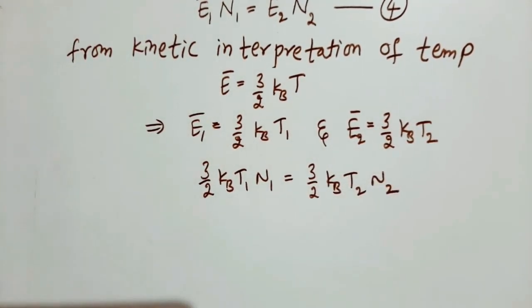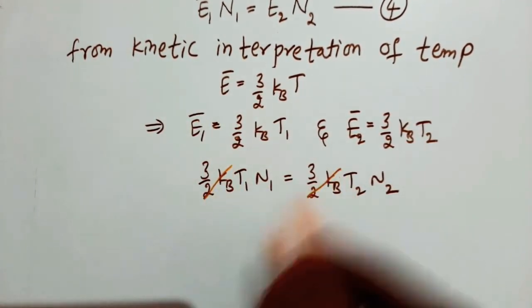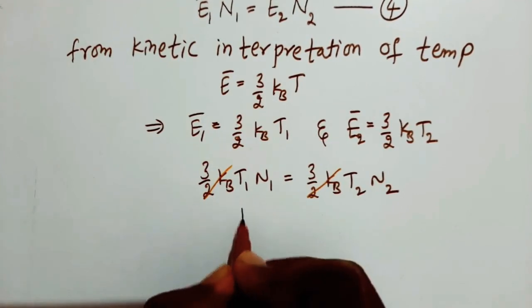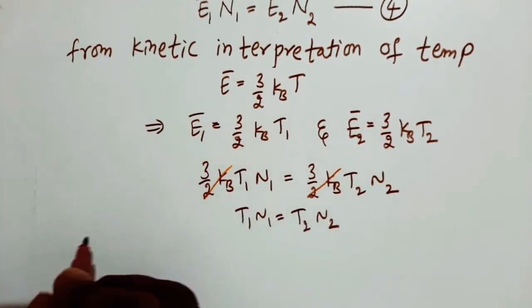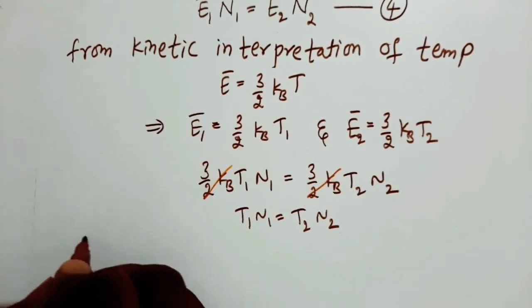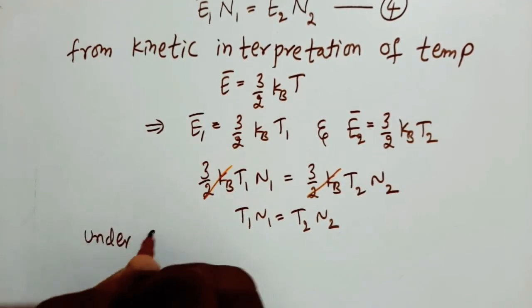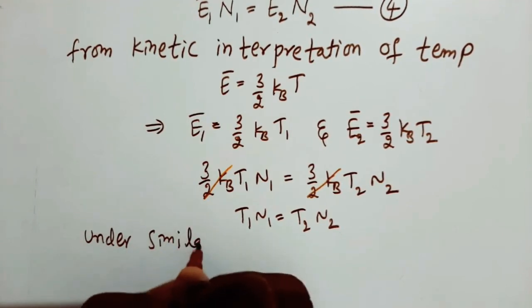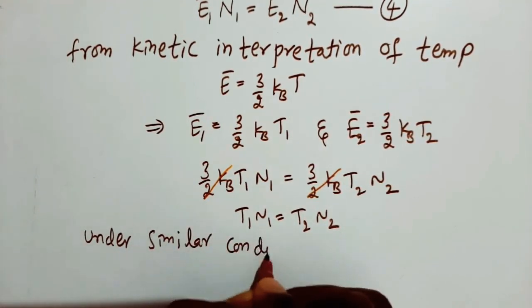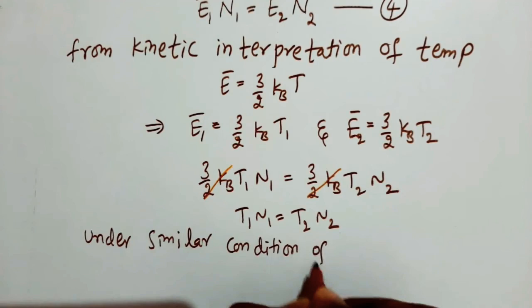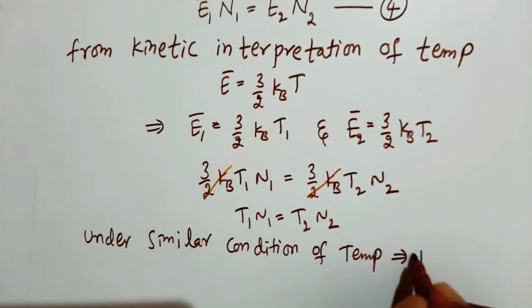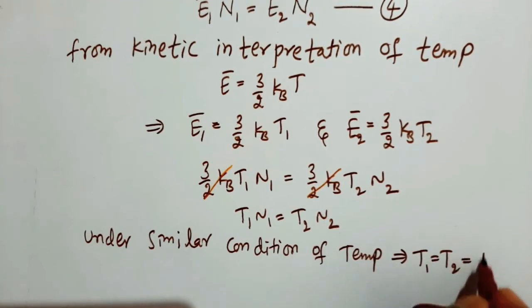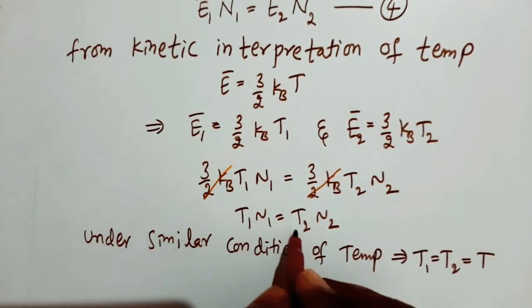Here 3 by 2 kB cancels on both sides. That is T1 n1 is equal to T2 n2. Under similar conditions of temperature, we know T1 is equal to T2 is equal to T, so T1 and T2 cancel.